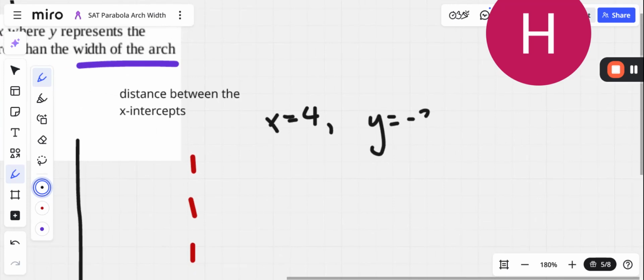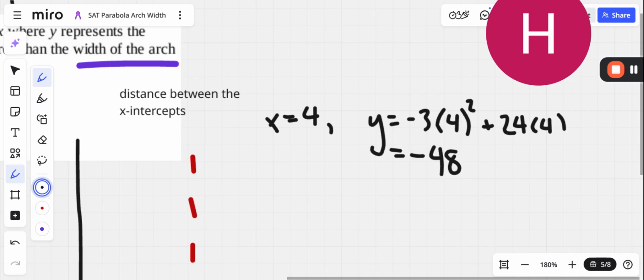The y value must be negative 3 times 4 squared plus 24 times 4. So quite large numbers here. We're going to have negative 3 times 16, which is negative 48. And then we get double of that, which is 96, leaving us with a positive 48.